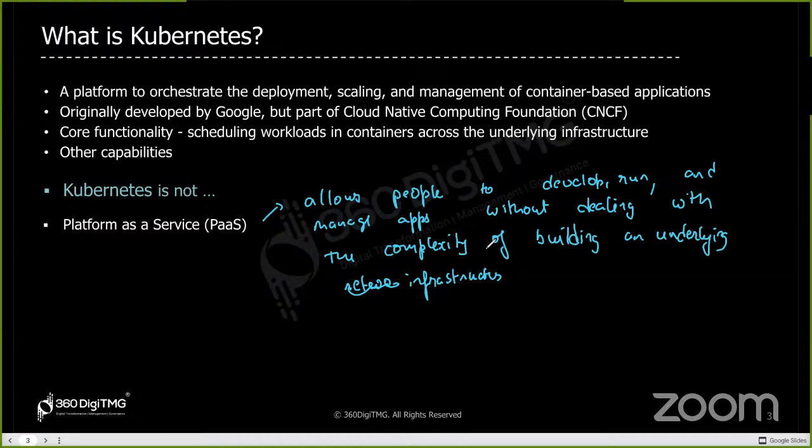Okay. The second major reason here is that Kubernetes will offer more control and flexibility over the underlying infrastructure. So we are saying that if you're using a service which says that, okay, this is a platform as a service, right? So in that context, Kubernetes gives you a greater degree of control over whatever underlying infrastructure you are using in comparison to PaaS.